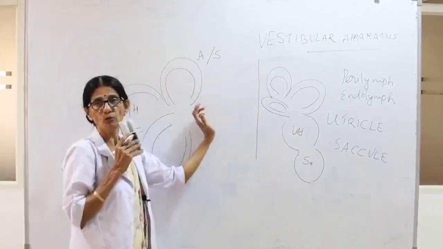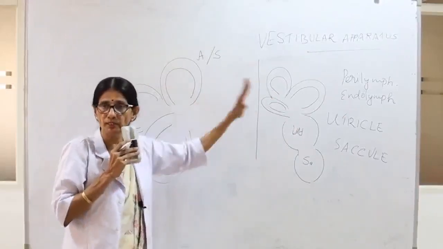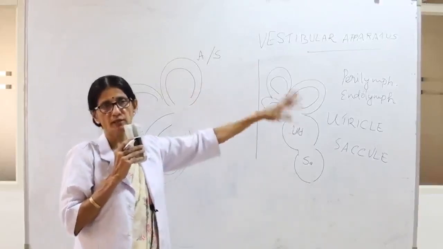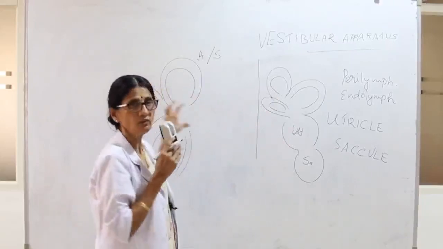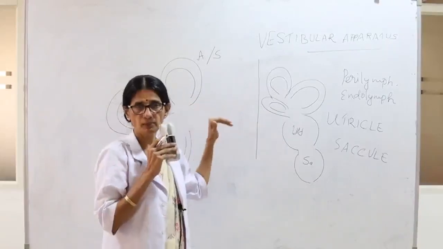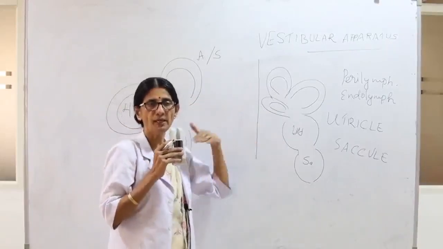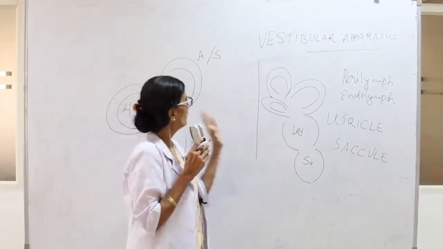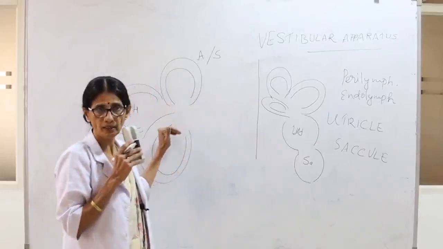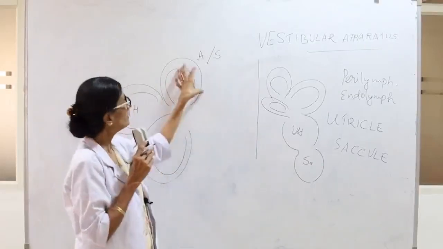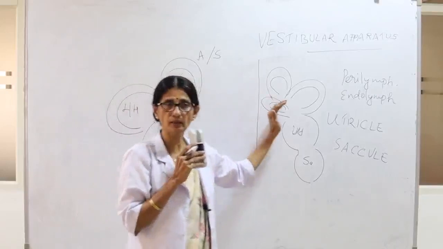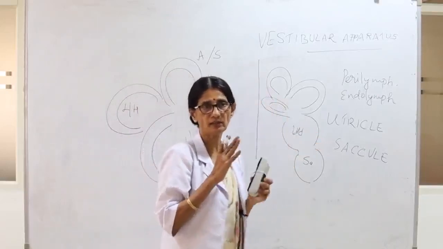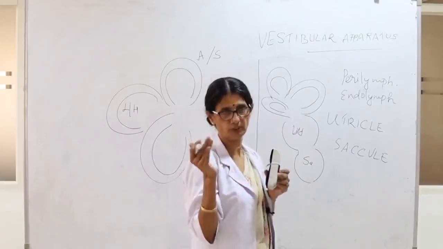But there is something different when they function together, because the vestibular apparatus is present on either side. These canals present their position in such a way that if a person inclines the head 30 degrees in the forward direction, the anterior canal will be directed anteriorly as well as outward.